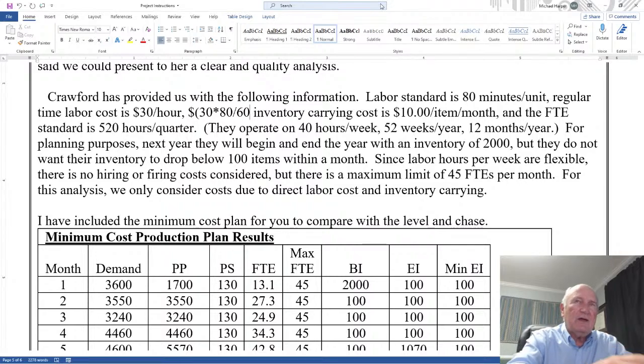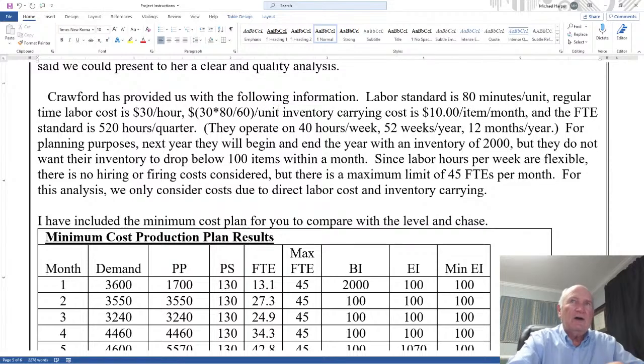So that number right there is going to be cost per unit of production, because if you divide 80 by 60, you get hours. So that times hours per unit gives you dollars per unit. So we're going to be using this down below here. Carrying cost of 10 items per month.